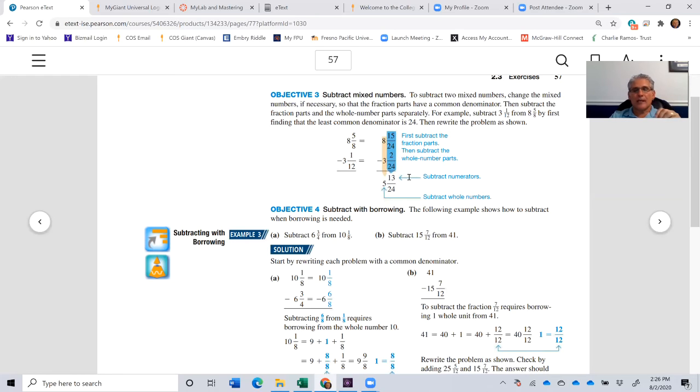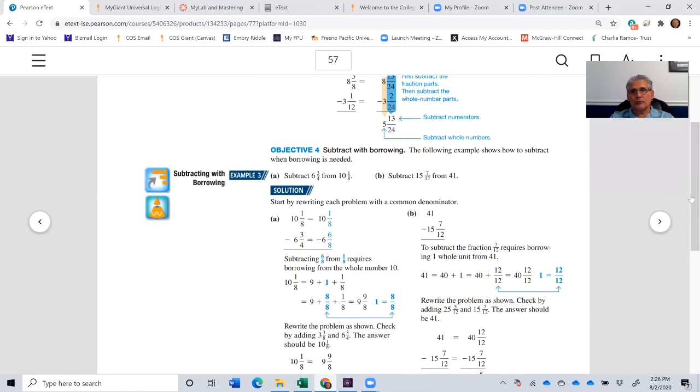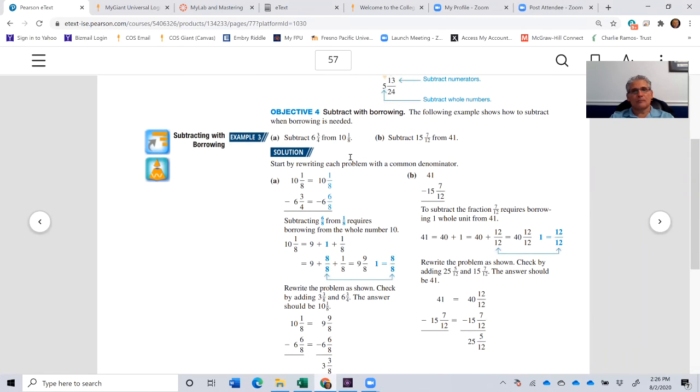Now this worked okay because our top fraction was larger than the bottom fraction. But you can have a situation where that's not the case, and when that occurs, we have to figure out a way to solve the problem.